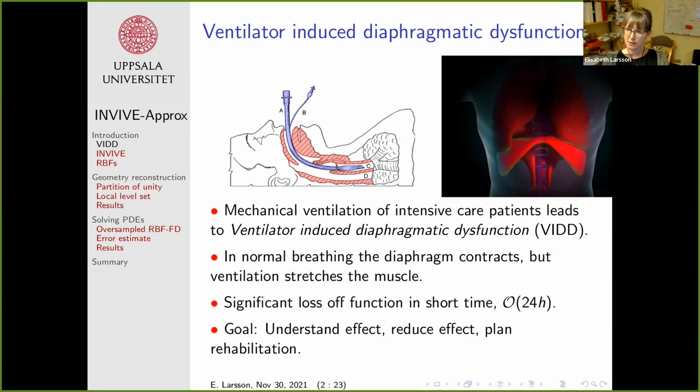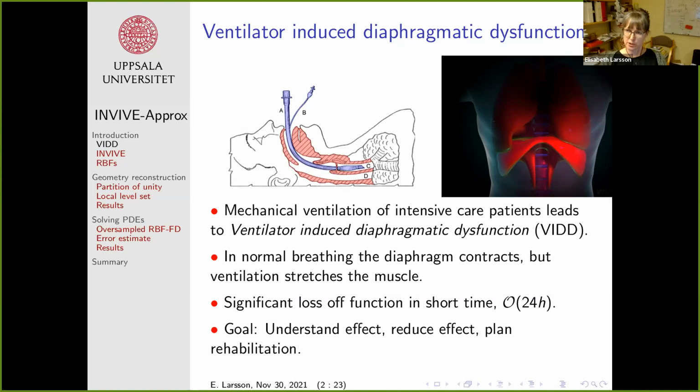Normally, air is sucked into your lungs when the diaphragm contracts, but in the mechanical ventilator, the air is instead pushed in. This damages the diaphragm, which is the muscle that would normally make you breathe, but it's not active when you're ventilated, and the muscle is stretched, and this damages its function. It only takes 24 hours before your breathing function is severely impaired.